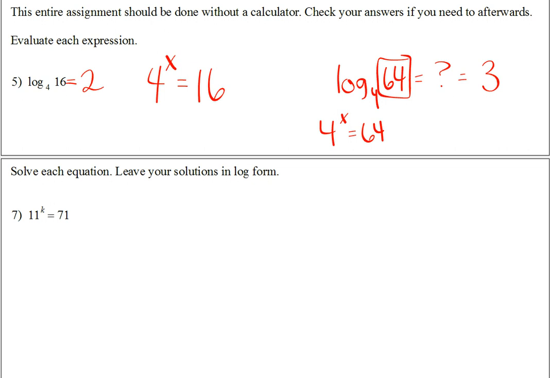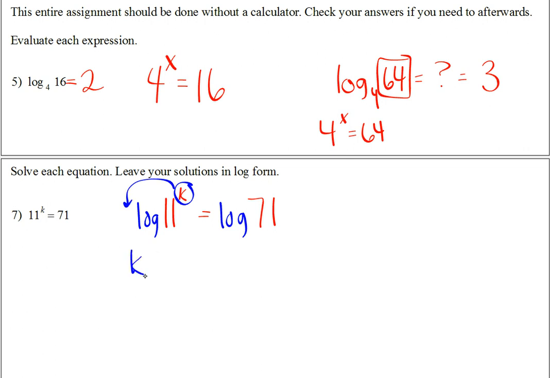All right, now we're going to go backwards. We're going to look at using logs to take things out of the exponent. That's what they're really good at. If you have 11 to the k power equals 71, a way you can do this is to take the log of both sides. This is the power property for logs.